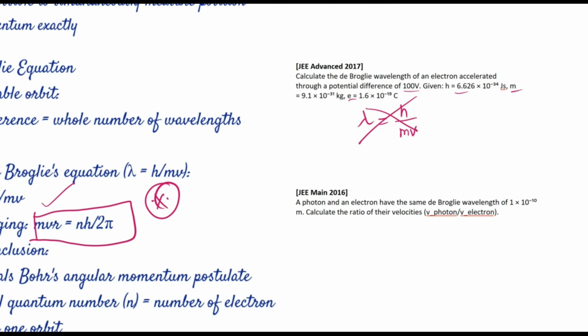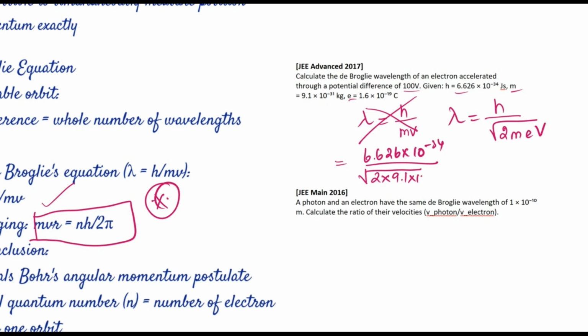In this case, if they are asking for de Broglie wavelength given the potential difference, simply you can substitute the values in this formula, h by root of 2meV, where h is 6.626, root of 2 into mass 10 to the power minus 31, e, that is 1.6 into 10 to the power minus 19 coulombs, and V, that is 100 volts.